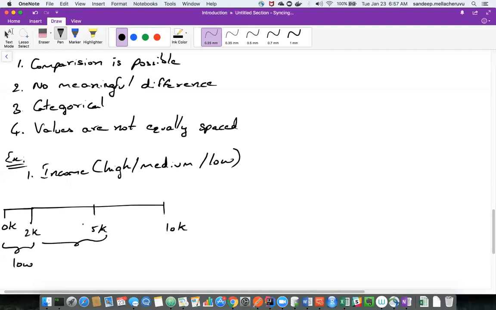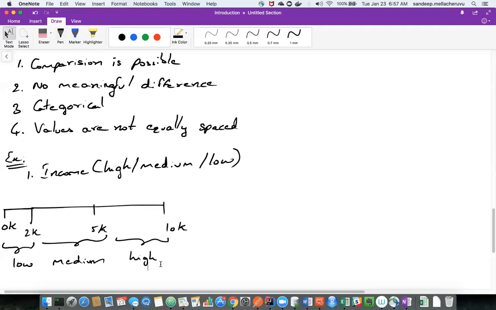I'm just defining some arbitrary numbers. This could be different according to the context. But in this case, income 0K to 2K, I'm calling it low income. 2K to 5K, I'm calling it medium income. And this part, I'm calling it high income.